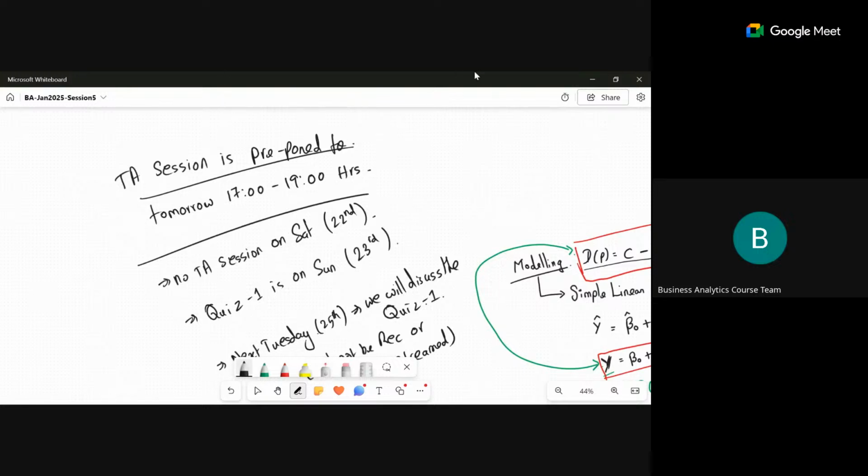One second, I have to use my ID. Copy link address. Okay, degrees of freedom. Yeah, this is 3. It was changed later.